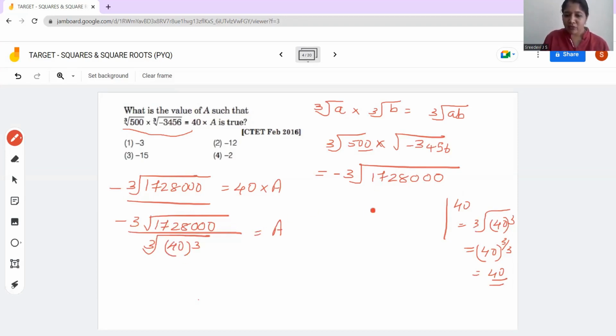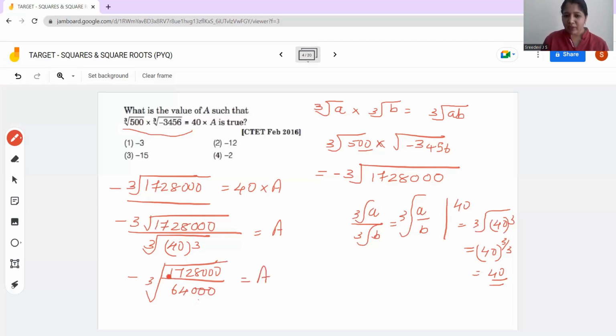Again here we apply a property that we have learned: cube root of A divided by cube root of B, where B is not equal to 0, is cube root of A by B. So this can be rewritten as minus of cube root of 1728 and 3 zeros divided by 40 cube. What is 40 cube, everyone? 40 cube is 64,000, right? This will be equal to A.